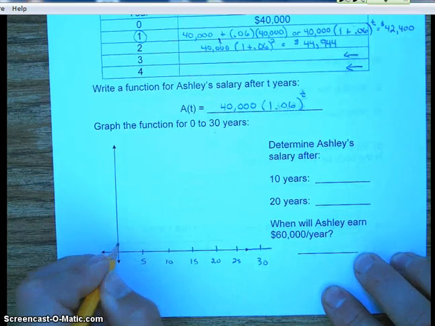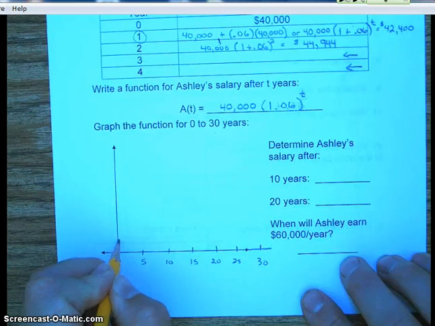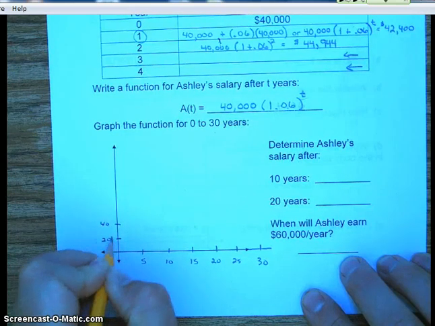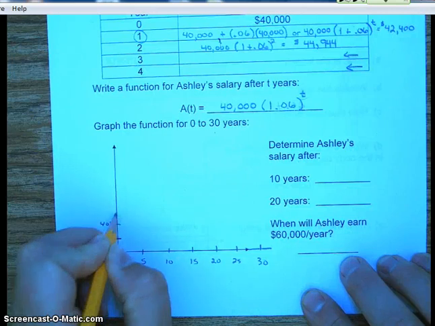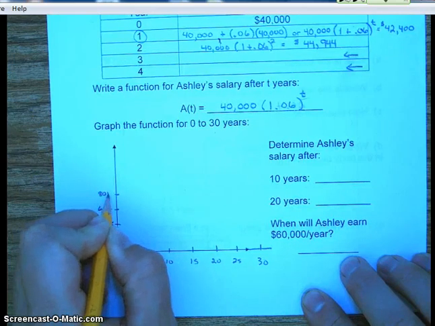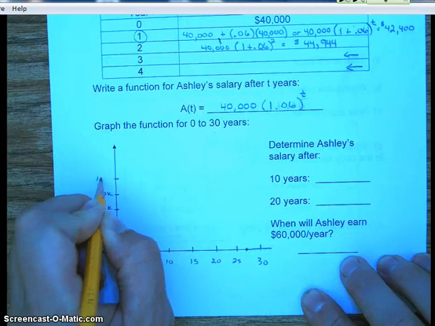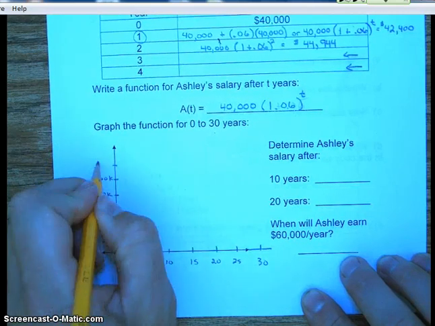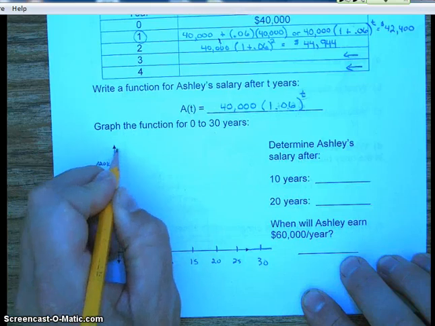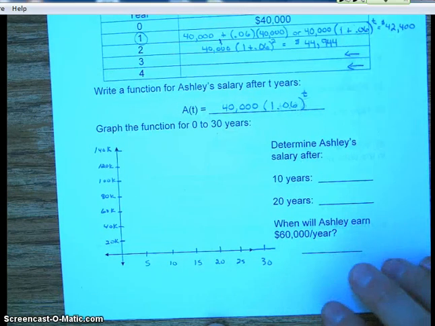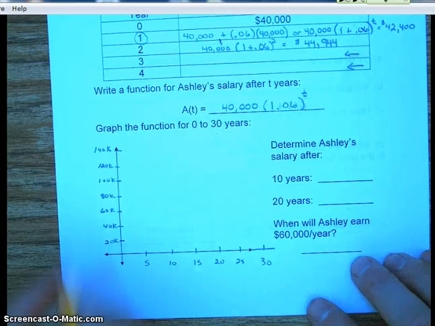Let's go by 20s. 20, 40,000. So I'll put a K. K is for 1,000. 60,000, 80, 100, 120, 140. All right. This is her salary.